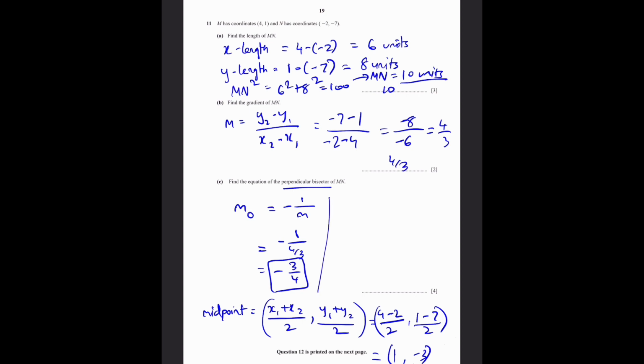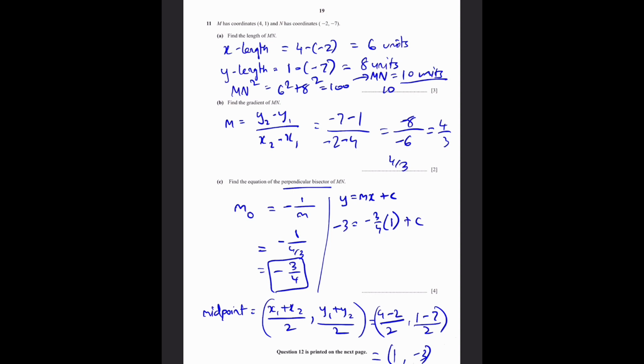Now we have to find the equation using y equals mx plus c. m is the gradient, y and x are the coordinates, and c is the y-intercept. So gradient we have here, the x and y we have here. We can substitute it in. So -3 equals -3 by 4 times 1 plus c.